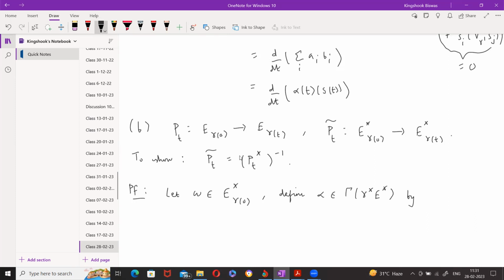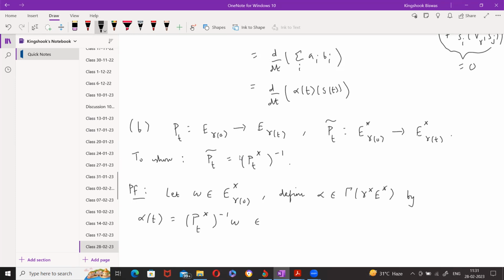So that parallel section, of course, should be given by PT tilde acting on omega. But I want to say that PT tilde is PT star inverse. So let me define the section using PT star inverse. If I can show that section is parallel, then I'm done, right? So I define alpha T to be PT star inverse of omega.